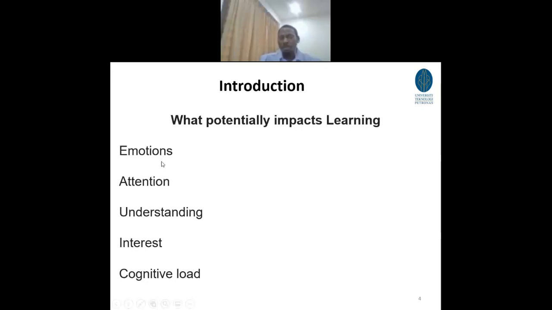For example, emotions. When people are in different emotional states, what is the influence of emotions on learning? If you are very happy or somehow sad, are you learning better? Learning will be a bit more difficult.